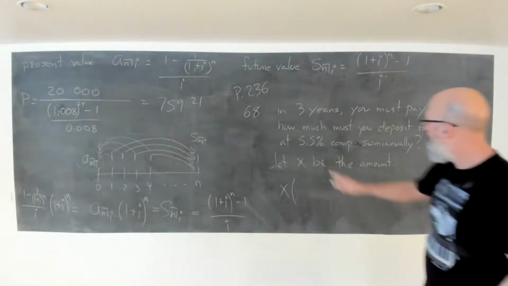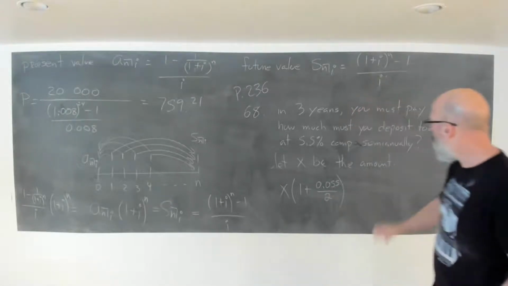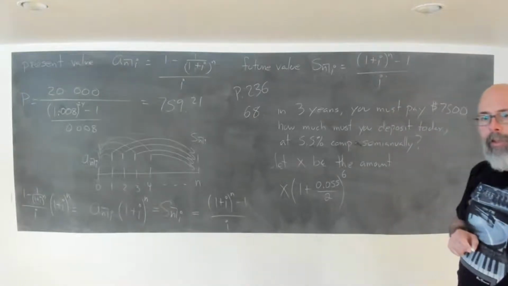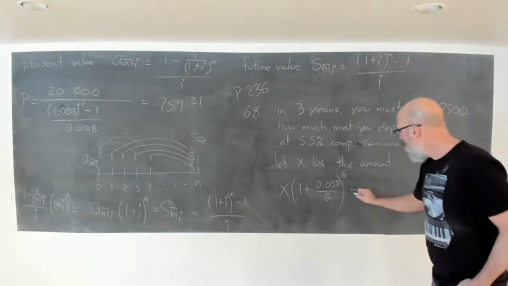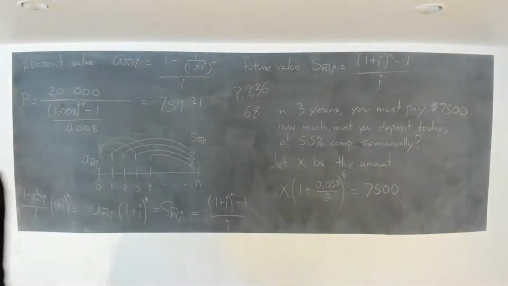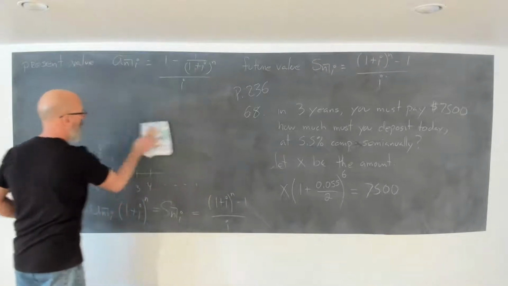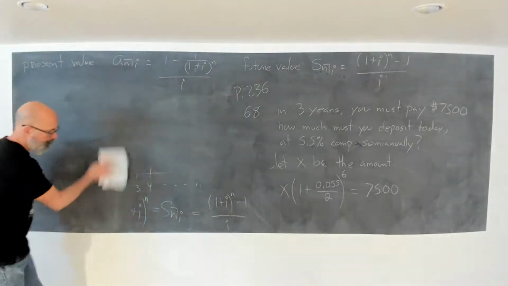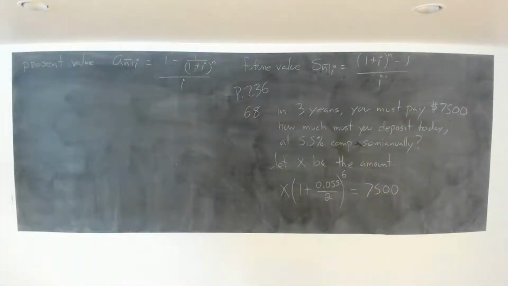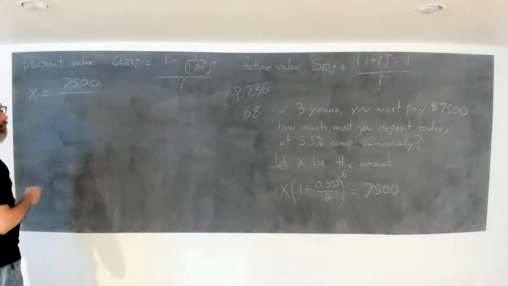If you bring it up 3 years down the line at 5.5% compounded semi-annually for 3 years or 6 periods, this should accumulate to $7,500. So it's really the present value of $7,500, right?